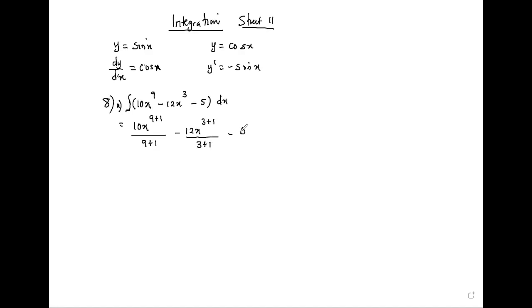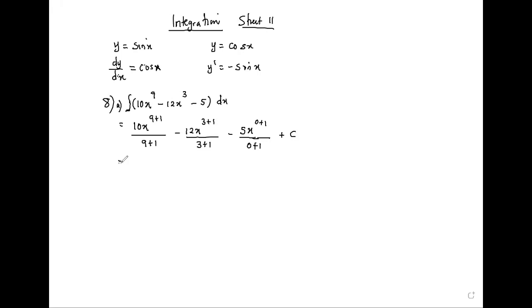And then the 5 is like 5x to the power 0, so you add 1 to 0 and divide by the same. And then you add a c. We're adding a c because, should there be any constant, when we differentiate we get 0, so we still have back the function we integrated.